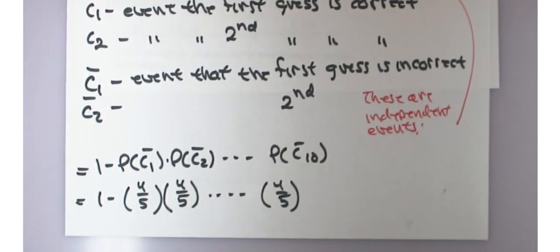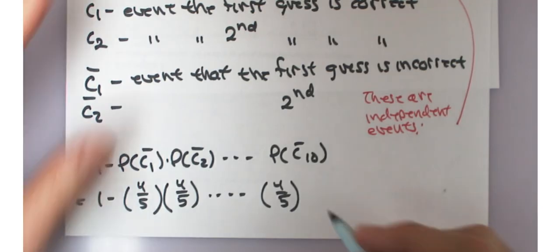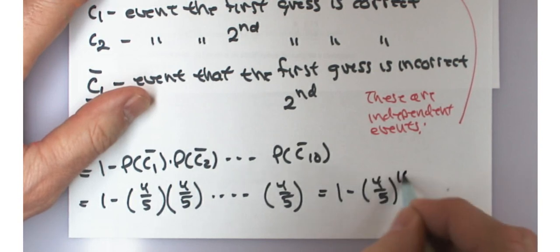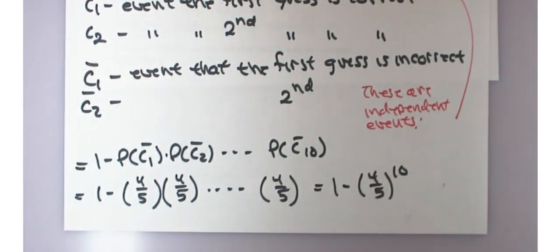How are we going to put that in our calculators? Suggestion? Mark? 4 out of 5 to the 10. Yeah, 1 minus 4 out of 5 to the 10th power. And if you don't like fractions, 4 out of 5 is 0.8. You can put it in that way as well. So let's give this a shot and see what we get.